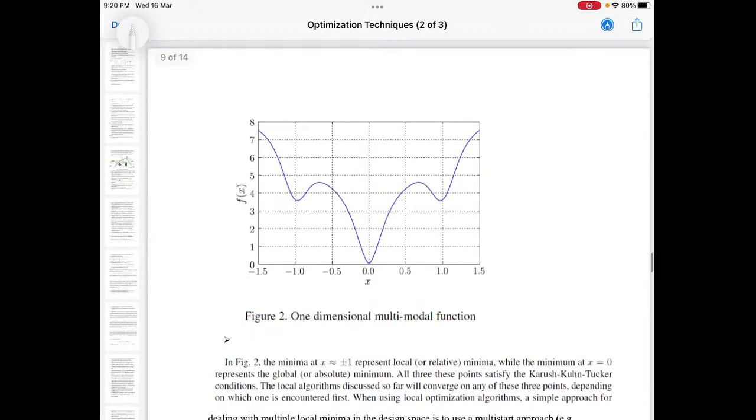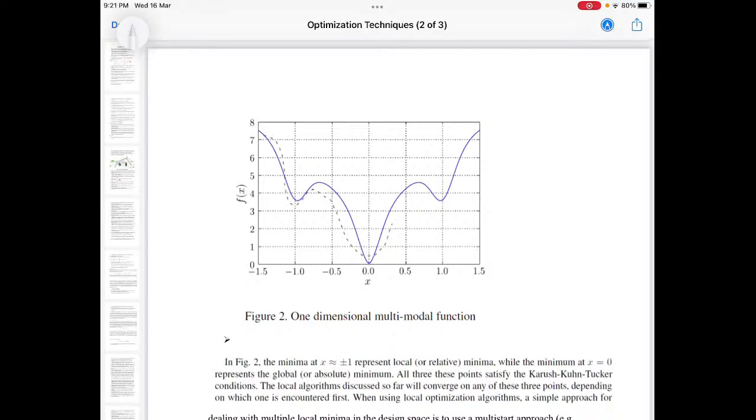This is a one-dimensional multimodal function, and here you can see the objective function f of x, and this is the vector x, and you can have different values of x and find out f of x for each. So you get a plot here.